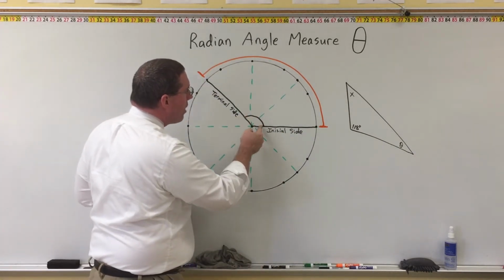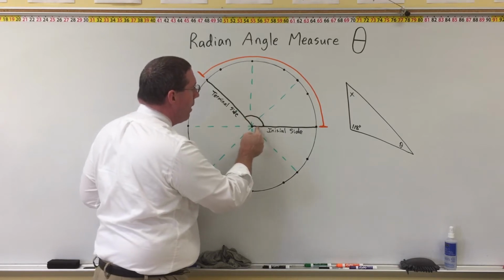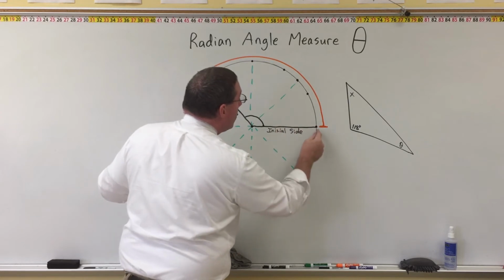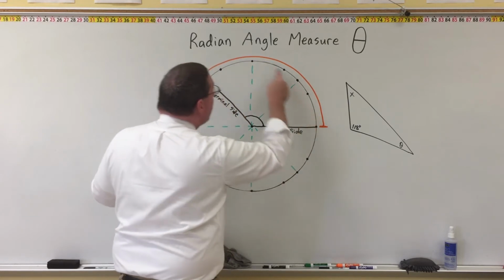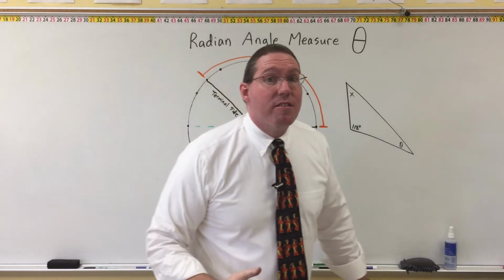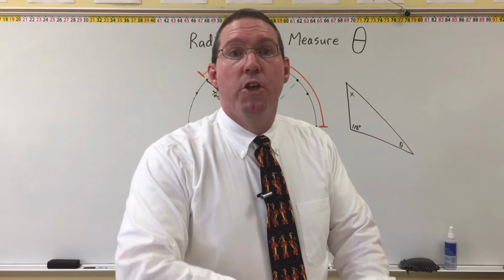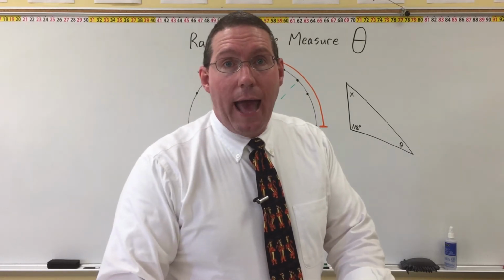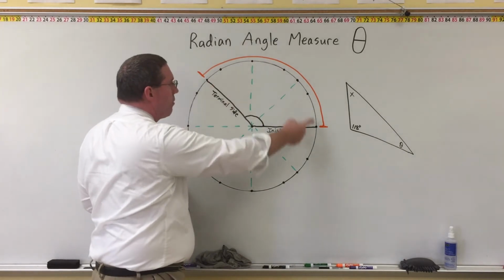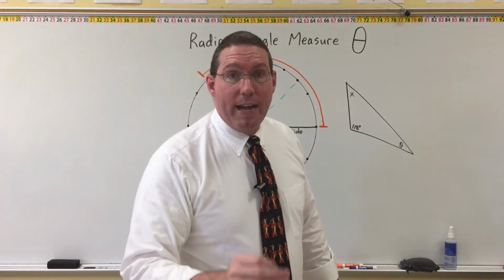So in order to understand this angle measure, we are going to identify this angle measure based on the arc length on the outside of the circle when the radius is equal to 1. The radius has to be equal to 1. You can only do radian angle measures based on the arc length of the outside of the circle when the circle has a radius of 1.